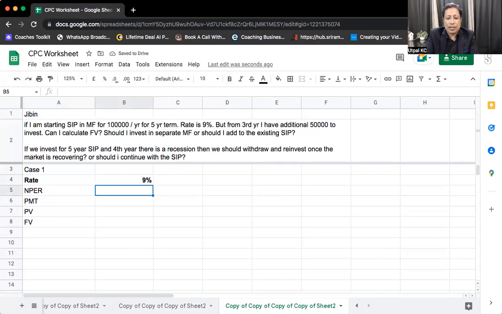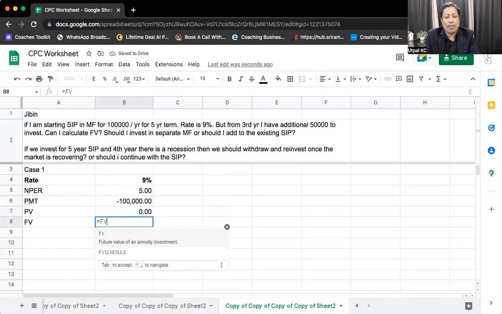Then the additional investment will continue, so that will be the second case. PMT is minus 1 lakh, PV is 0. Future value we need to calculate.